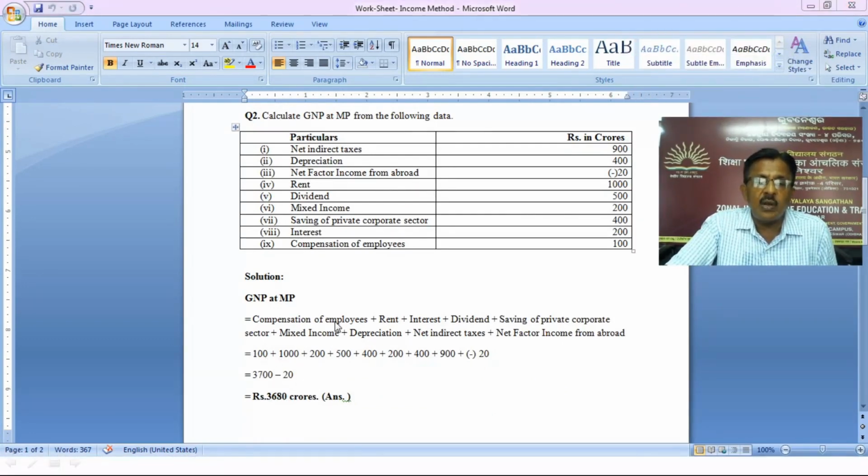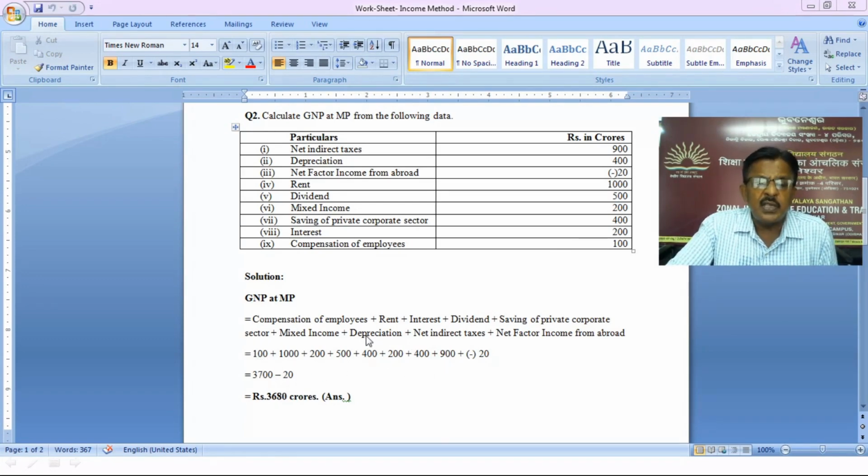So 100 is the compensation of employees, 1000 is the rent, interest is 200, dividend is 500, savings of the private corporate sector is 400, and mixed income is 200. Just tally whether I have taken the correct figure and put it in this formula correctly or not.